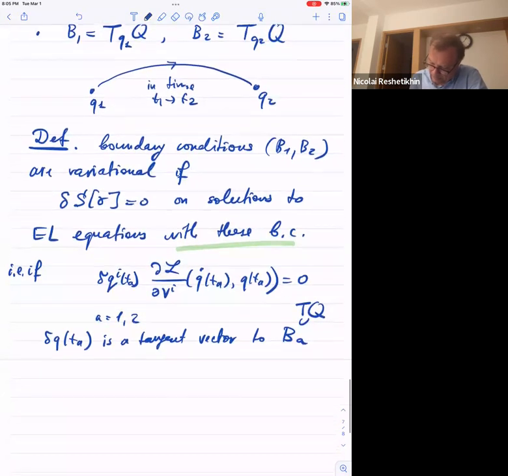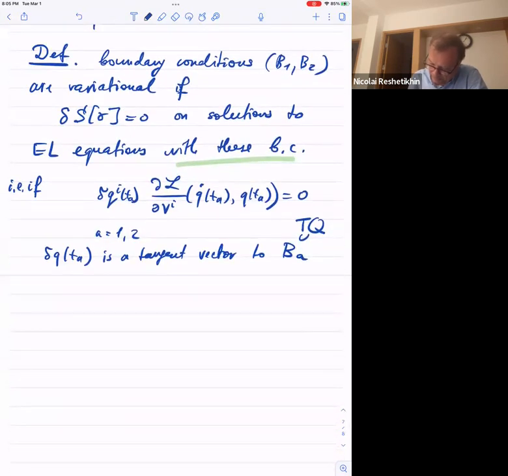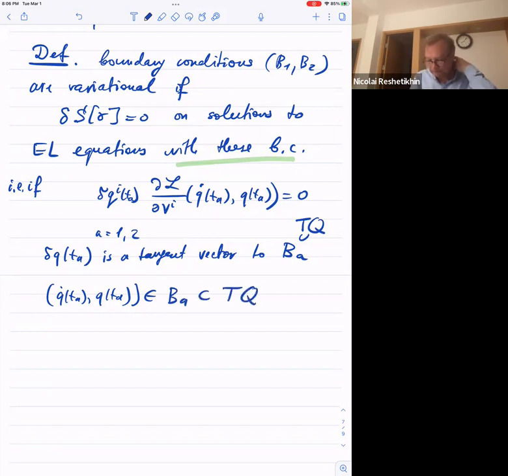And (q, q dot) at T_a is in this B_a in the tangent bundle. So this is a little bit clumsy definition.